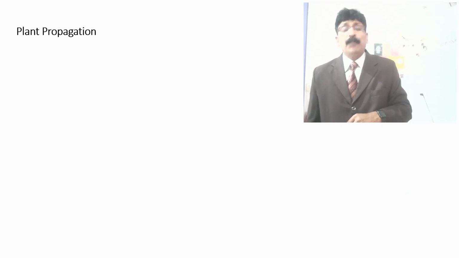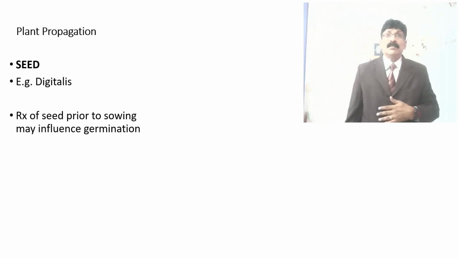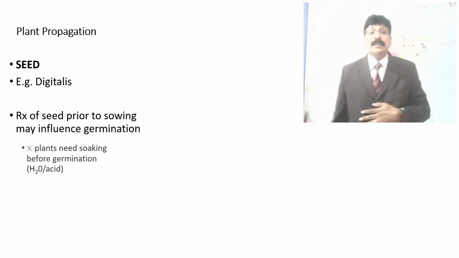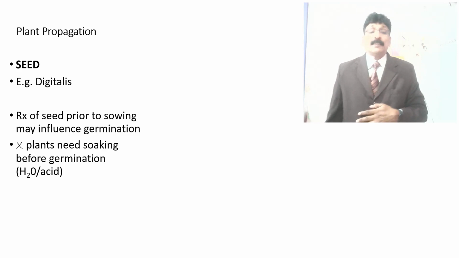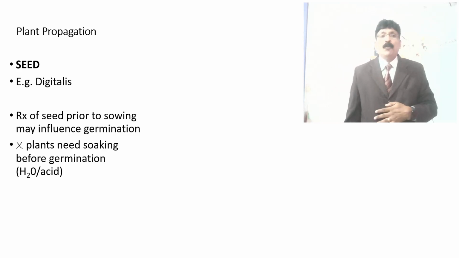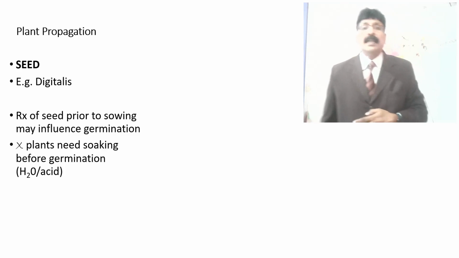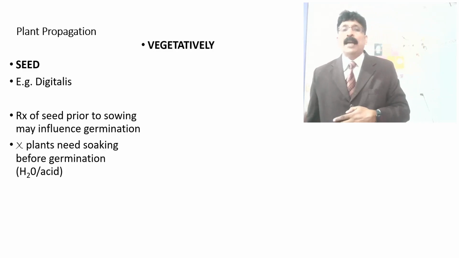Plant propagation. Seed, example, digitalis. The seeds of digitalis prior to sowing may be treated to influence germination. Eggplant needs soaking before germination in water and acid or dilute acid.